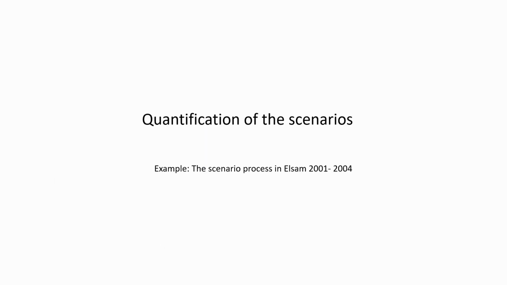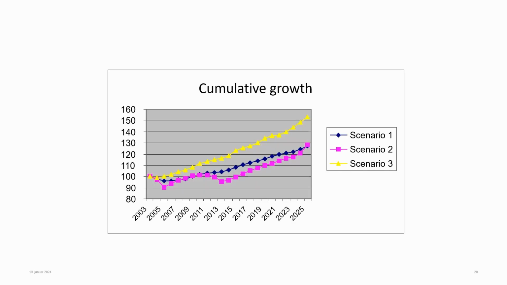Compared with the ordinary scenario process, there will now come a new phase where we quantify the scenarios. In the quantification process, we make forecasts for all important parameters. And we make a forecast for each scenario.